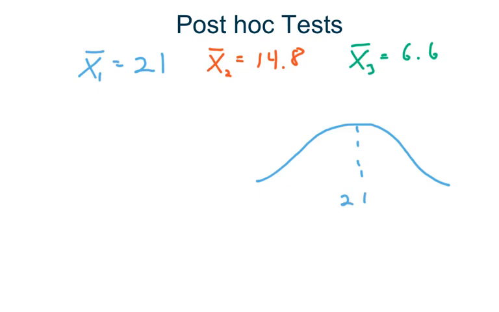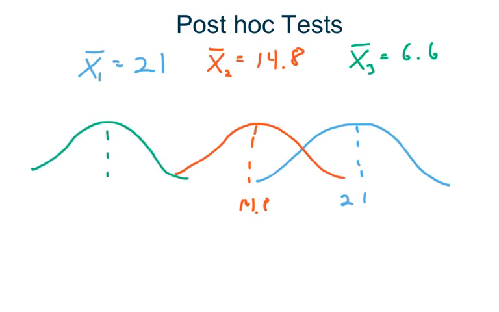We have the homework that was extra credit, and that mean was a bit further away, 14.8. And then we had the optional homework, which was way far away. Only 6.6 people on average completed those assignments.